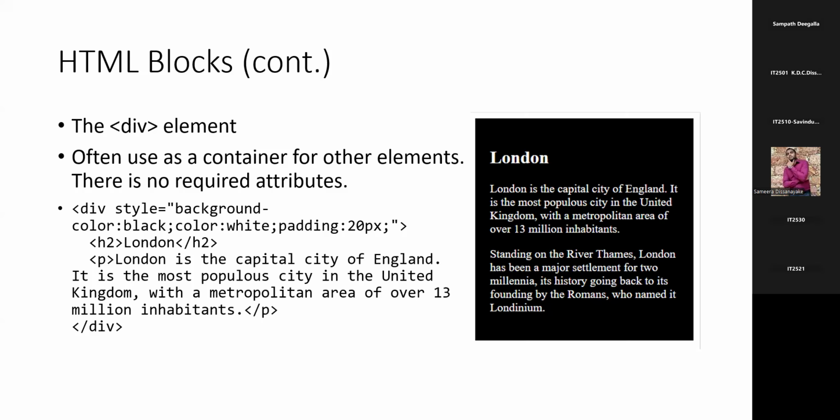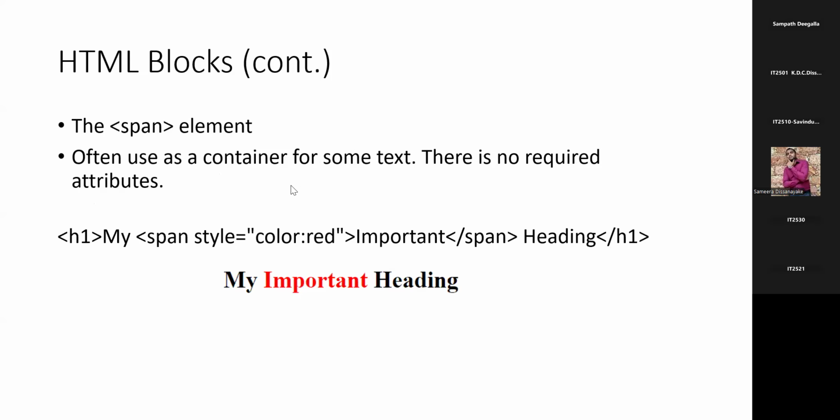Now, if you want to do something similar within the text, then we will use the other element, called the span element. This is also a container. It doesn't have required attributes, but you can provide styles, for example. In this simple example, you can notice I have a level 1 header, my important heading, and the word important is given in red color.